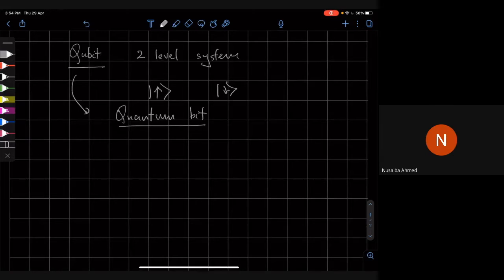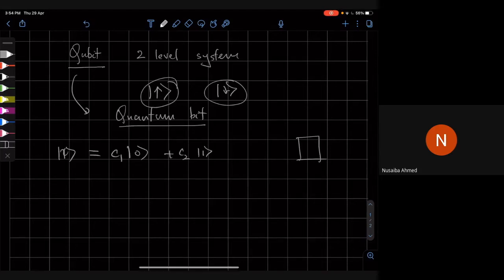So, for example, we can represent these two states as 0 and 1. Then any state of this two-level system can be defined in this way. Just as in classical electronic circuit analysis, the input can be 0 or 1, and the output can also be 0 or 1.